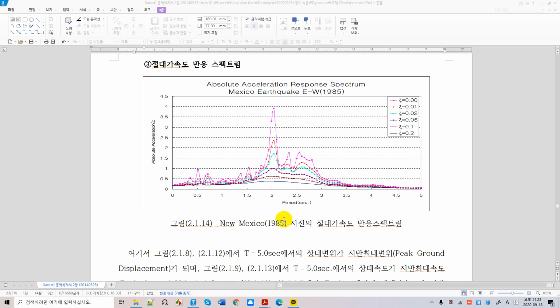So why don't you go and take a look at the damages and all that on the internet for 1985 and make some memo on this. Again, even though the earthquakes we are looking at are different, the definition of response spectra is the same, right? What is the definition of response spectra?